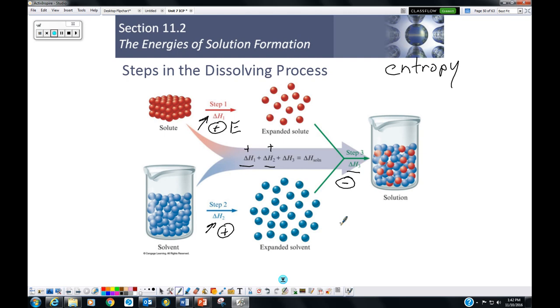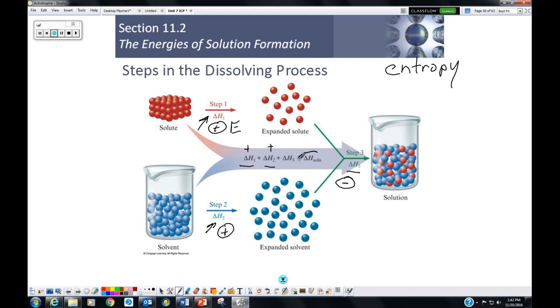Sorry, that was my mistake, because we're adding energy here, but if it's going to form a solution, it's always going to make a lower energy state. So it's always going to go to its lowest energy. All right, that was something where I messed up.